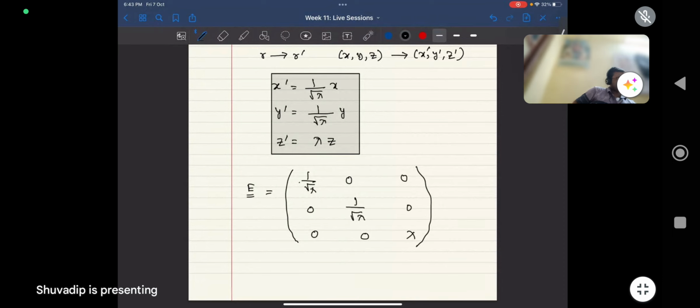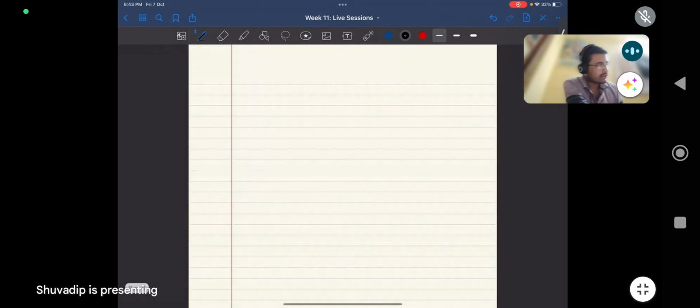Now we will use this deformation gradient tensor to calculate the change in free energy.